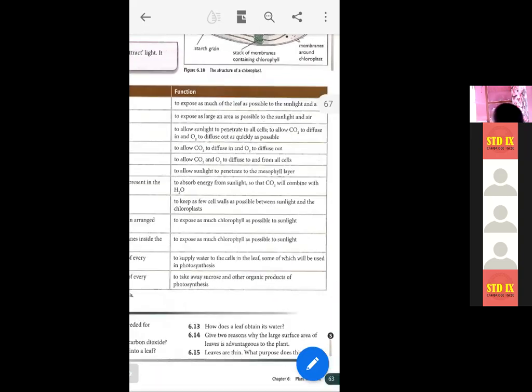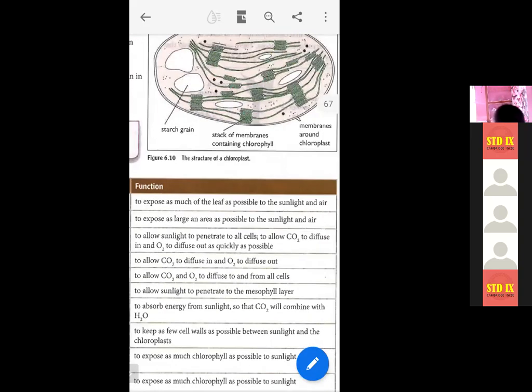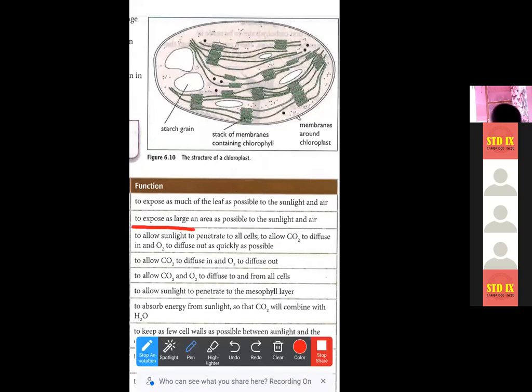Write this line: as large an area as possible to the sunlight and air. Look at the screen.